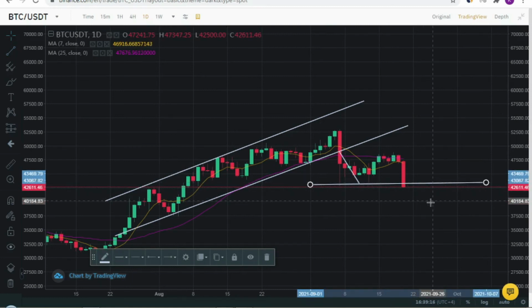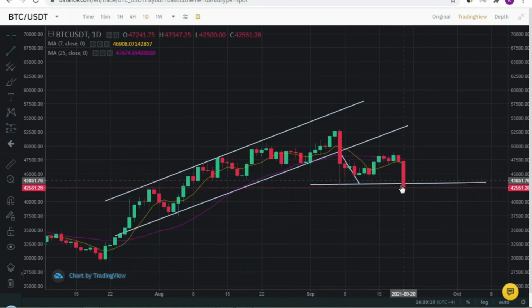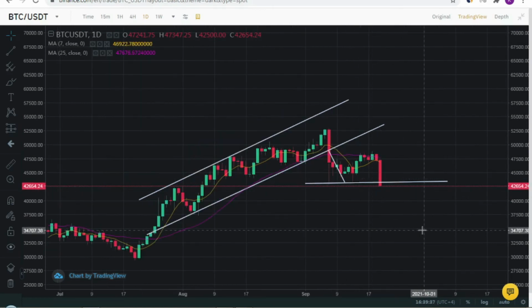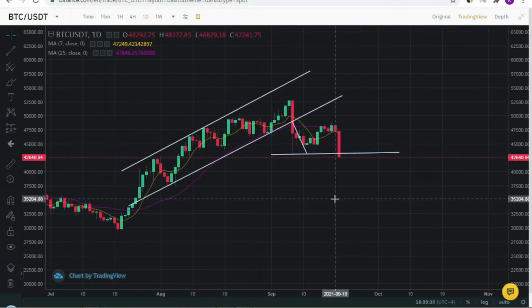and we know that if this candle closes as it is like this, if it closes below here, if by the end of today in the daily time frame, remember we're still in the daily time frame, if this closes below here, then we are headed for doom. Yes, we will continue to go down.